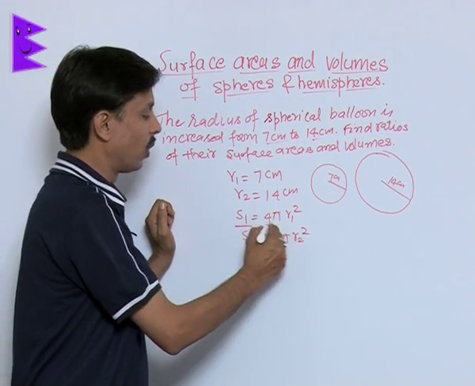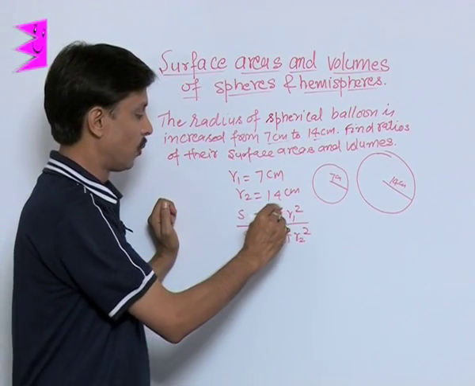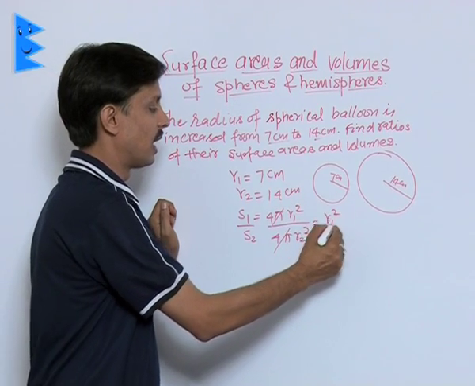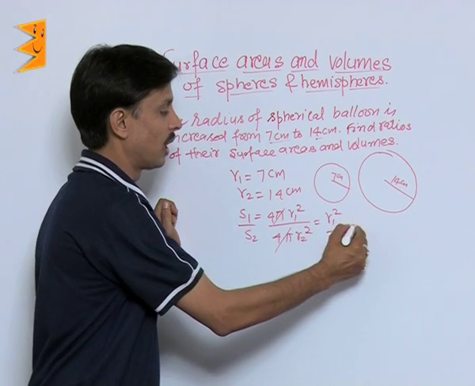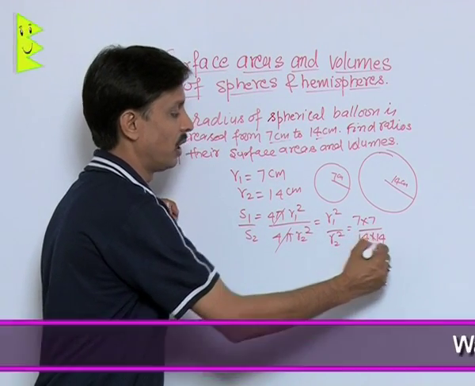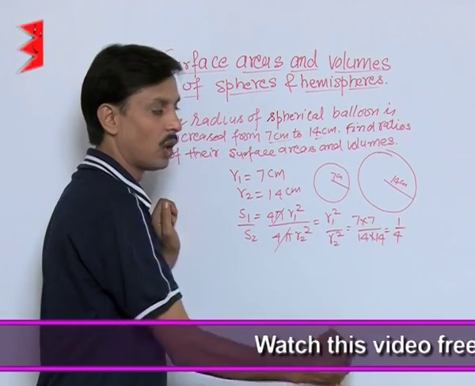We want to calculate their ratio of surfaces. So 4 pi and 4 pi get cancelled. It is left with R1 square upon R2 square. So this becomes 7 into 7 upon 14 into 14 because R1 is 7. So this comes out to be 1 by 4.